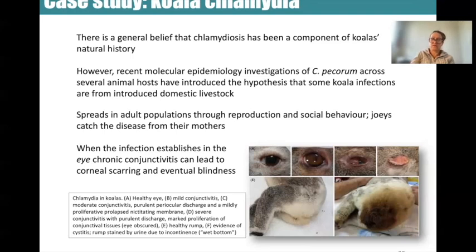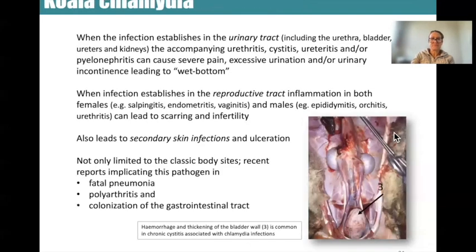So that's displayed up the top here in different degrees. When the infection establishes in the urinary tract, so this can include the urethra, the bladder, the uterus and kidneys, there's a number of different issues that can arise, and this can cause severe pain for the animal, and it can actually result in excessive urination and or urinary incontinence, leading to wet bottom.